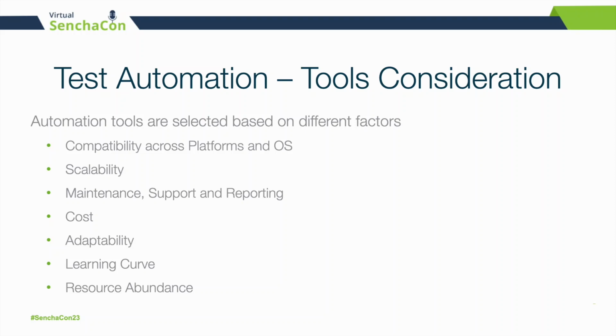And adaptability. There are a few tools which are very niche and cannot be picked up easily, and the learning curve will be very high and getting resources will be very rare. So we need to consider all these things while selecting a tool.